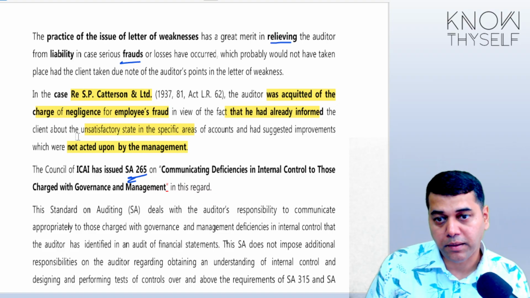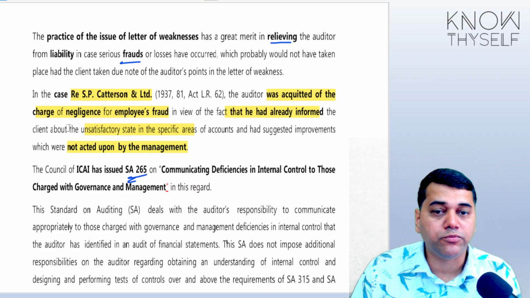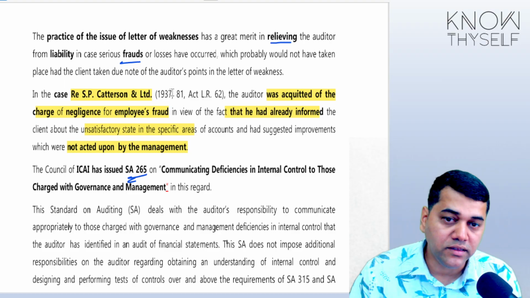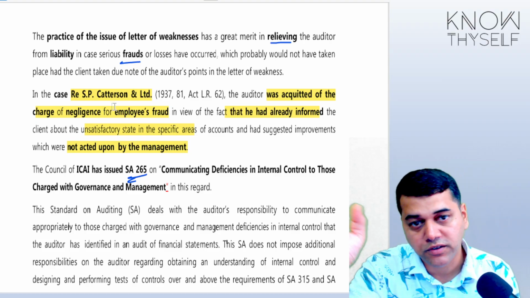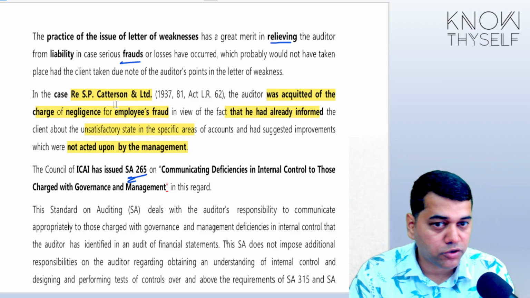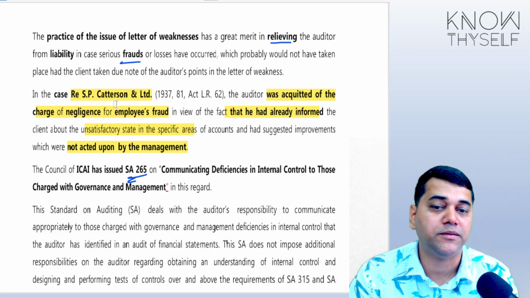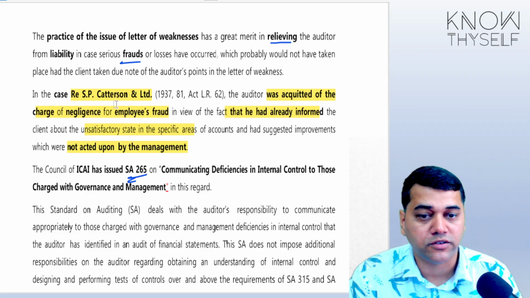If the auditor had observed but not communicated, this could have come to the auditor's head. But in this case the auditor was given a clean sheet. They said, you have done your job very well; you gave the observation to the management, and management should have taken action against the employee fraud. We cannot hold the auditors responsible.